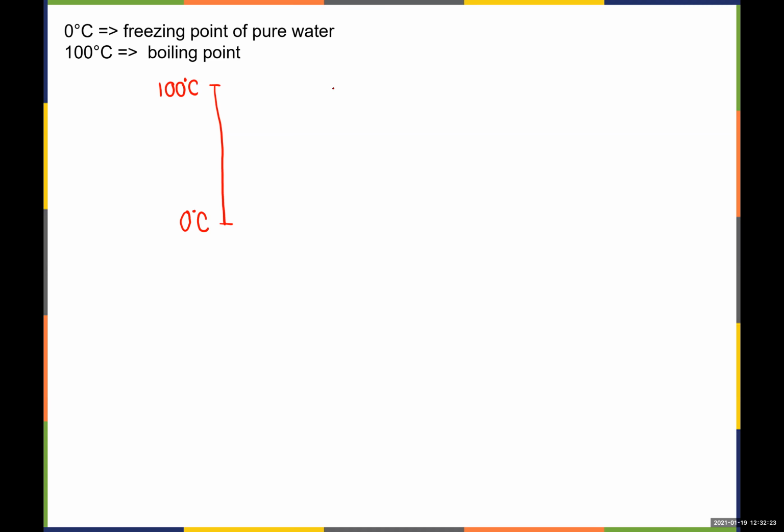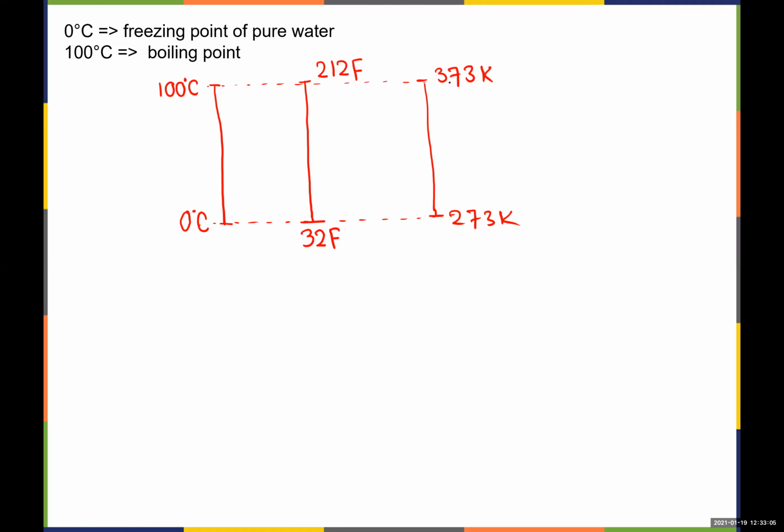In the Fahrenheit scale, we know that it is 32 Fahrenheit and 212 Fahrenheit. In the Kelvin scale, it is 373 Kelvin and 273 Kelvin. So we know that this all represents the same temperature, and this all represents the same temperature.